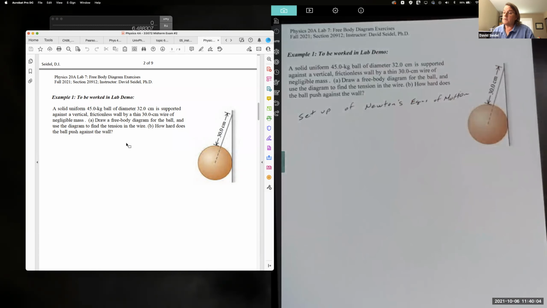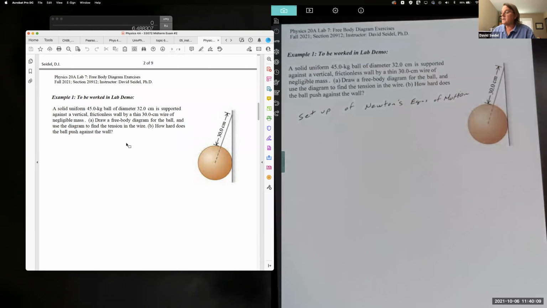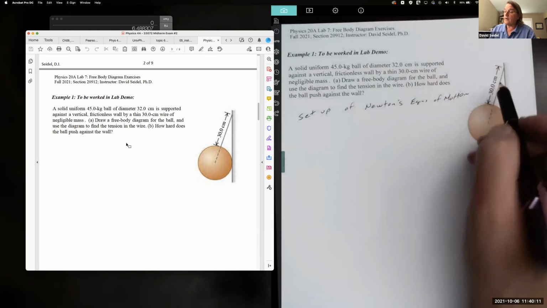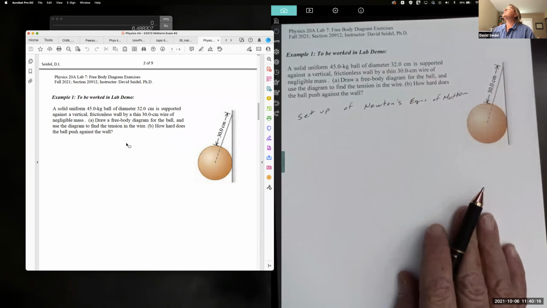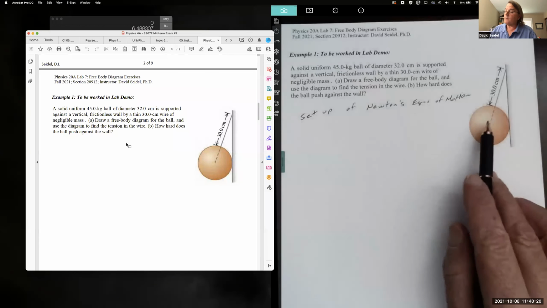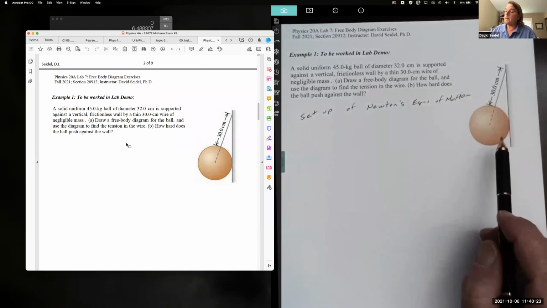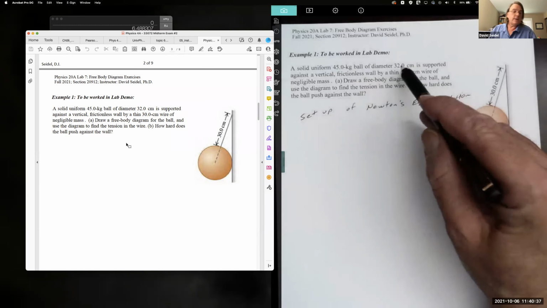But I'm just going to set up Newton's equations of motion for an arbitrary mass, and we're going to set the angle here. So what we have is a ball of diameter 32 centimeters that we need to keep, okay? It's held against a vertical frictionless wall by a thin 30 centimeter wire of negligible mass. And it's 30 centimeters to the point at the ball. So it's a 32 centimeter ball.